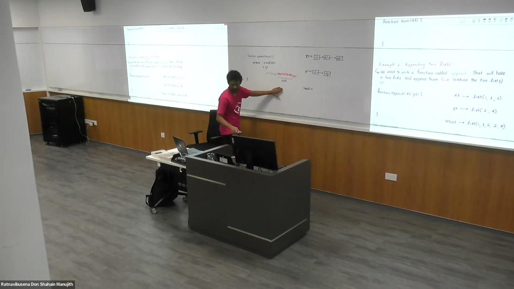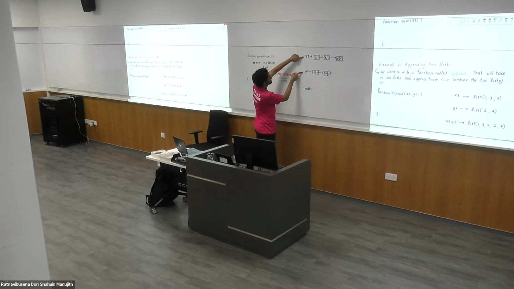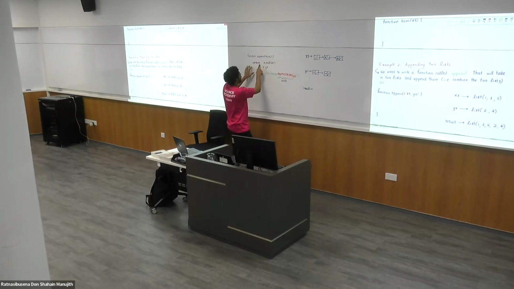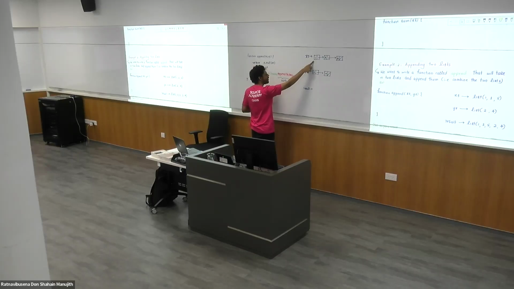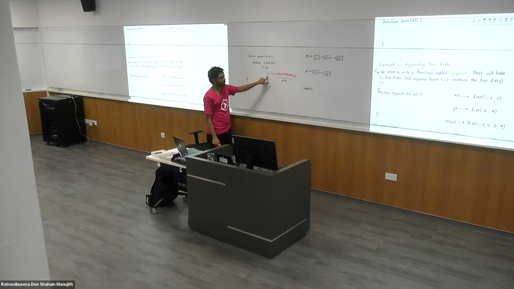So look at this function. If I call append xs and ys, first of all, it asks, is xs null? No, it's not null. So then we go into the alternate case. That means I need to create a pair.